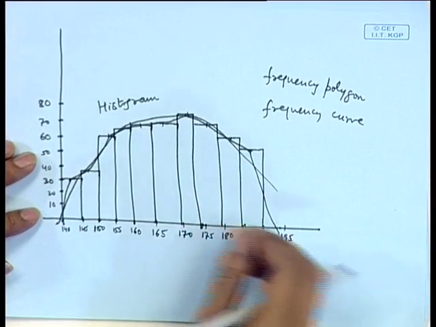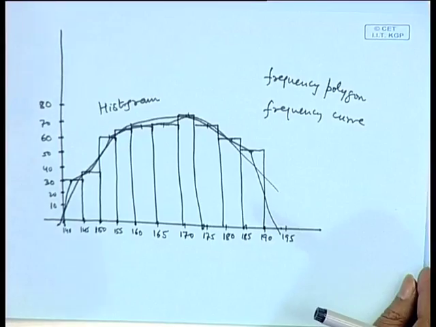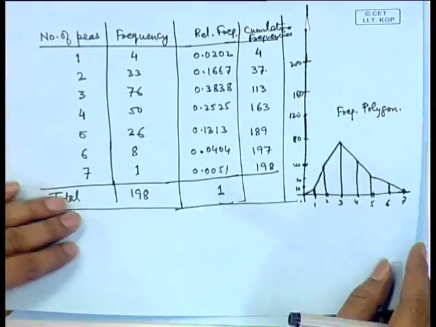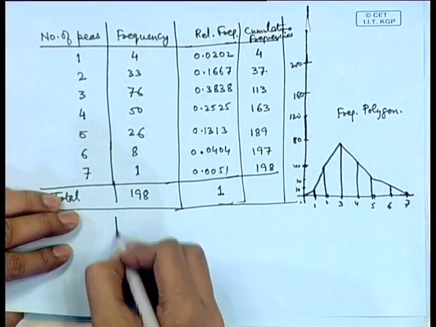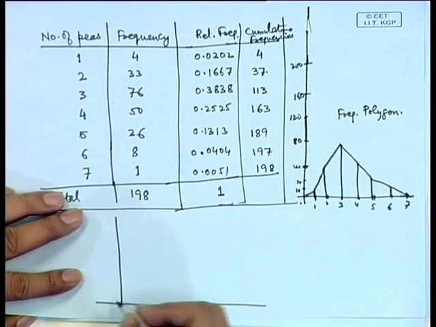We also have a so-called cumulative frequency curve, because once we have made the cumulative frequencies, we may plot the cumulative frequencies here in place of the ordinary frequencies.